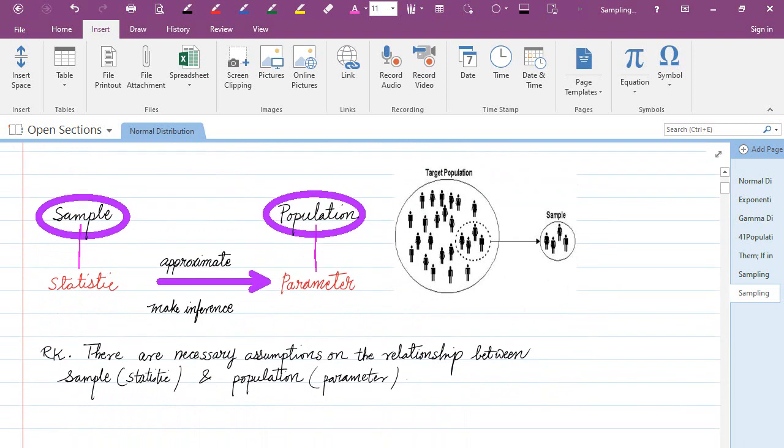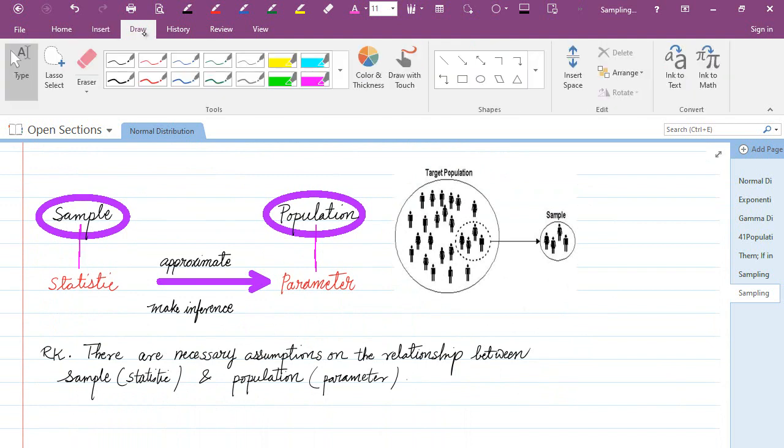So let's recall that a parameter is a quantity that is calculated based on the entire population of measurements, and a statistic is a quantity or a measurement that is based on the measurements in a sample.